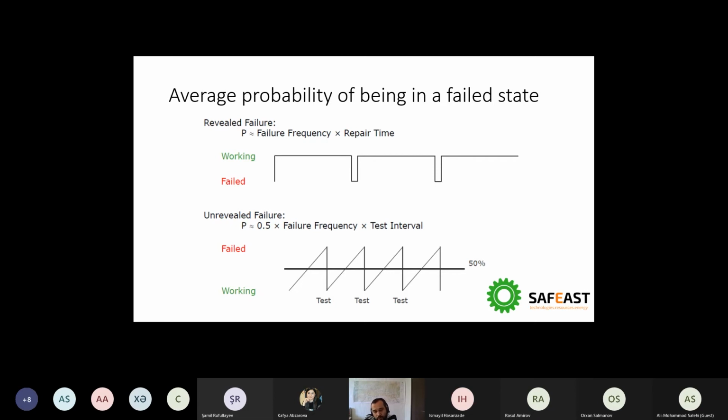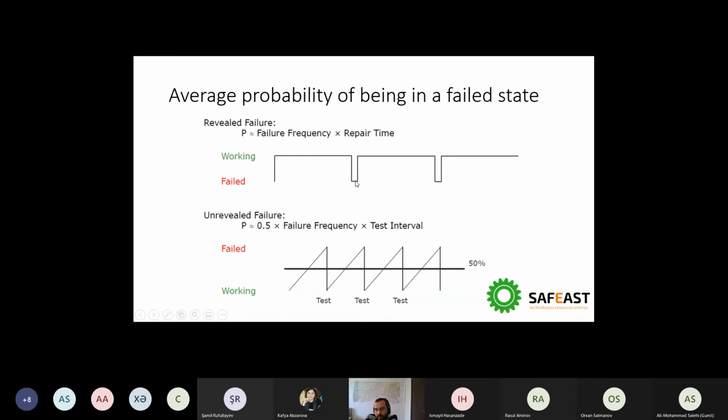But certain failures cannot be revealed immediately. Something may fail, but as you don't use it, or as there is no indication that it has failed, it may sit there for months and you will not know that it has failed until you use it.